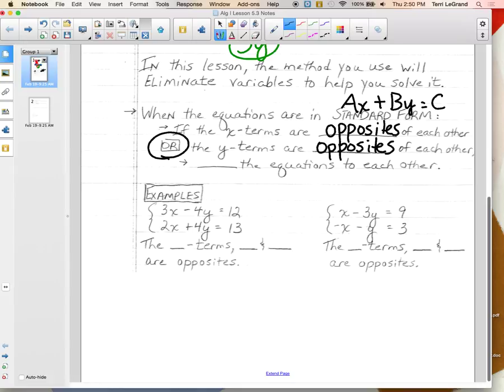The y terms are opposites of each other. So we're going to look for opposites. Either the x terms, the a's, can be opposite, or the y terms, the b's can be opposites. And if they are, we're going to just go right to adding the equations together. We're going to add them to each other.